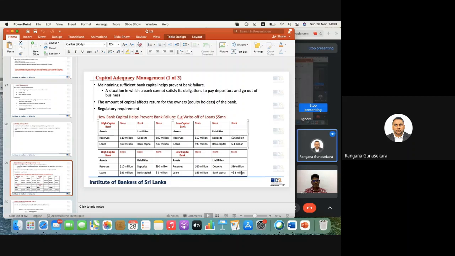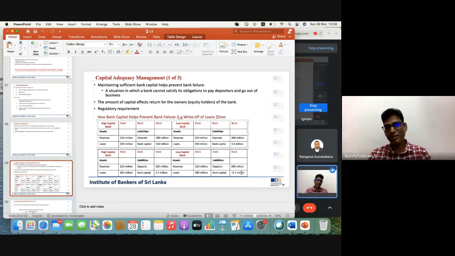Central bank has given guidelines on minimum capital that should be maintained by banks. Yeah, true. There's a requirement from the central bank. Okay, let's assume the central bank is okay. Central bank doesn't worry about that. Can you run?